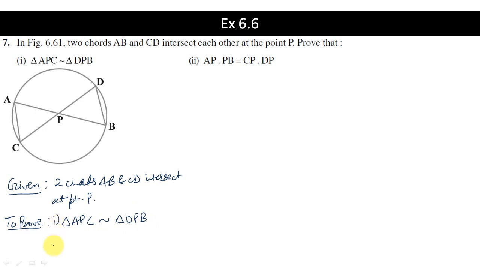This is the first part, and the second part is AP multiplied by PB is equal to CP multiplied by DP. This we have to prove.